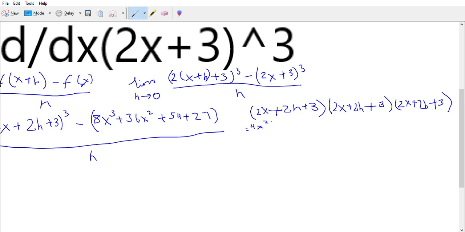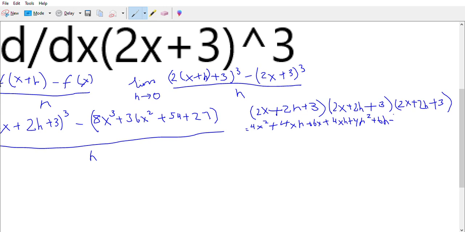So it's just 4x squared plus 4xh plus 6x, and then now distribute 2h, so it'll be 4xh plus 4h squared plus 6h.